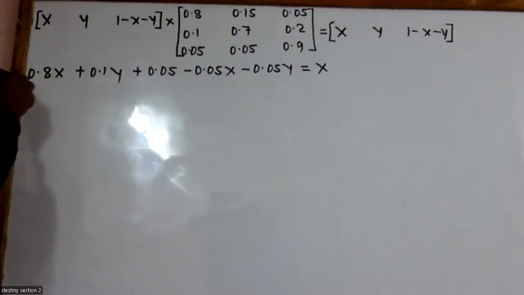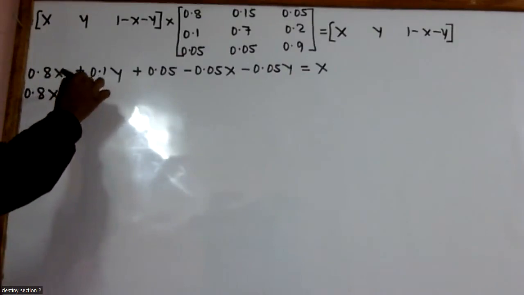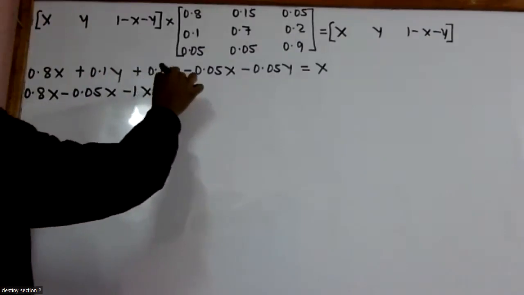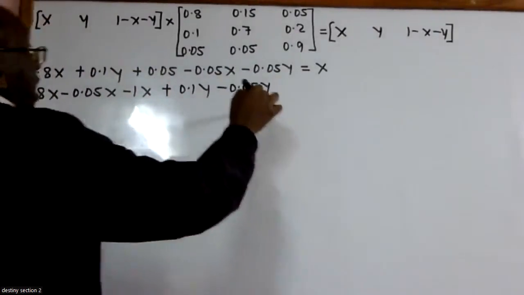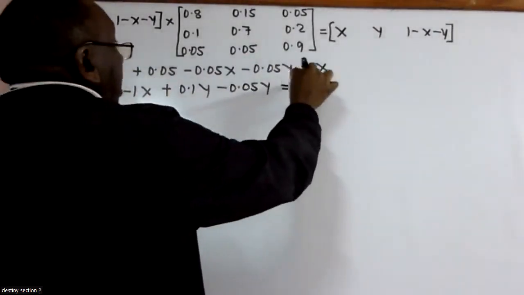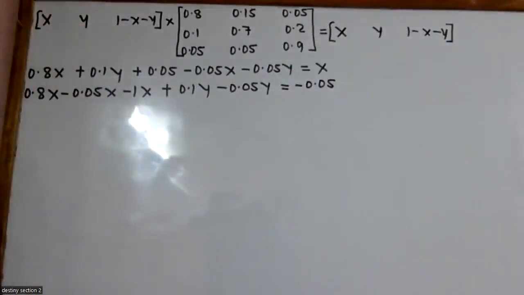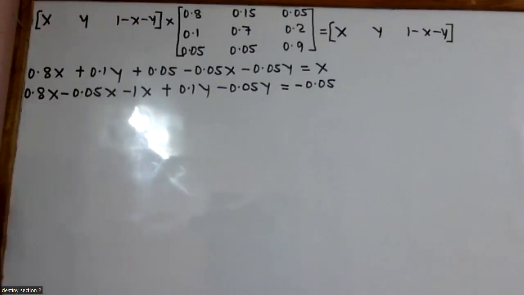Putting like terms together, we have 0.8x minus 0.05x minus 1x plus 0.1y minus 0.05y is equal to minus 0.05. So tell me this one, 0.8 minus 0.05 minus 1 is equal to what?